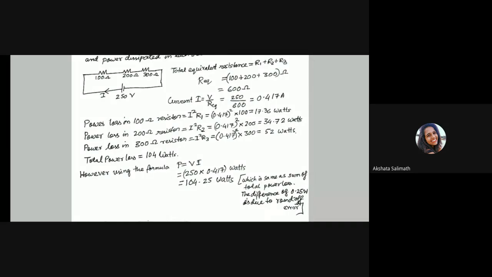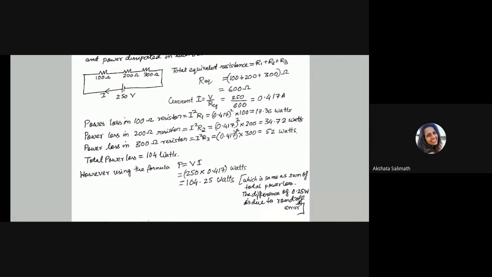The difference of 0.25 watt is due to round-off error. While calculating, we consider the decimal places after the decimal point, so due to that round-off error, it is not exact. So it is verified, and this is how we calculate the power loss.